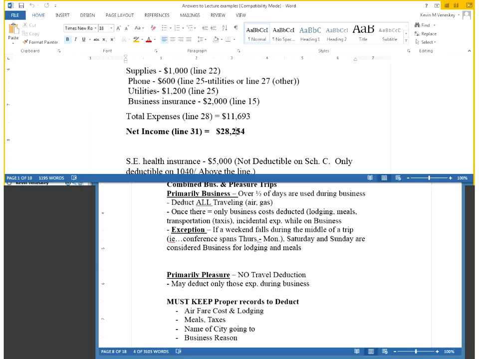It says there, Schedule SE, but in a sense, what it's going to be doing is taking $28,254, and there's a few little calculations, but for the most part, it's taking that full amount and then multiplying it by 15.3%. That's your portion and the employer's portion of the Social Security and Medicare taxes. So that's a big thing. And then it lumps it right there in line 57.